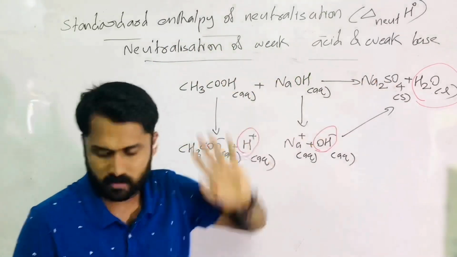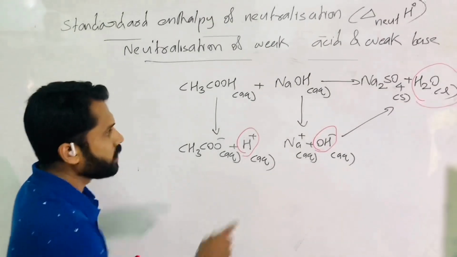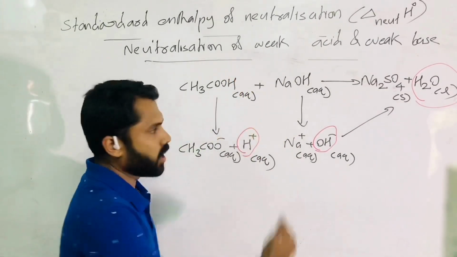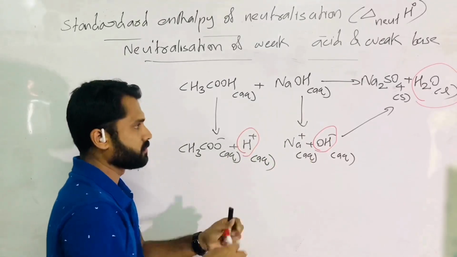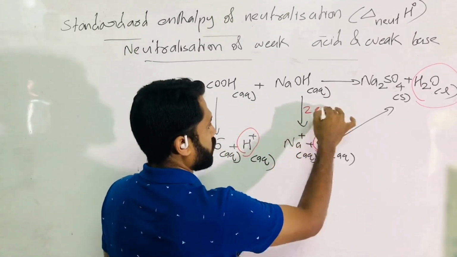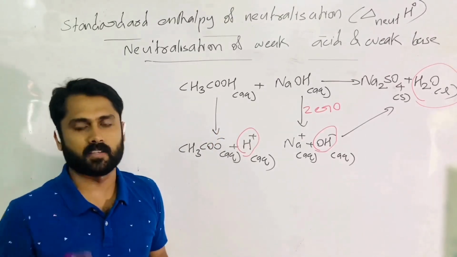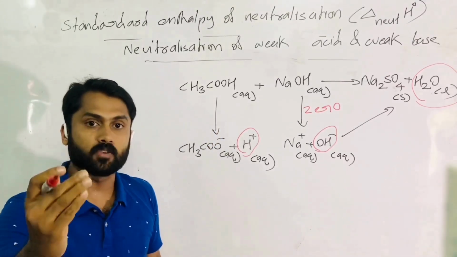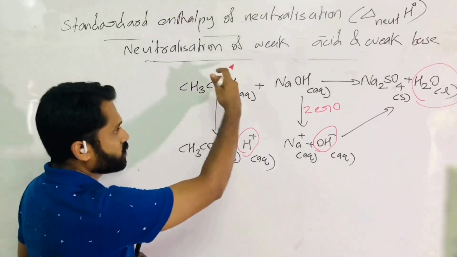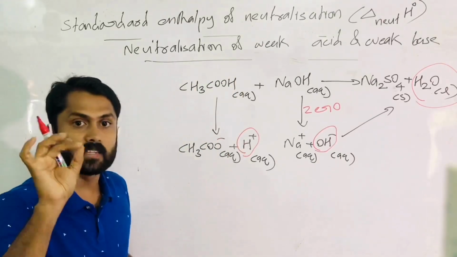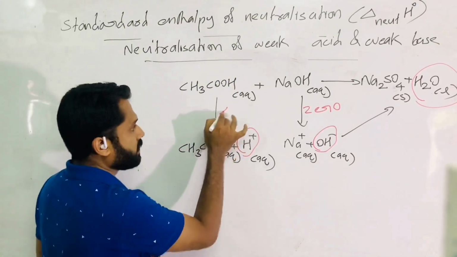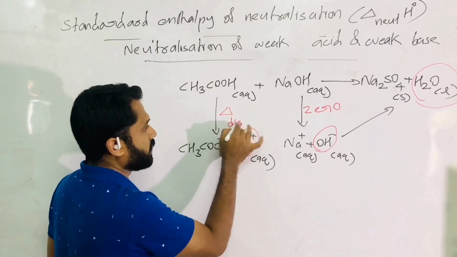This is the reaction. NaOH, a strong base, undergoes complete dissociation. Energy is not required. But CH3COOH is a weak acid. It undergoes partial dissociation only. So, to dissociate it completely, energy is required.